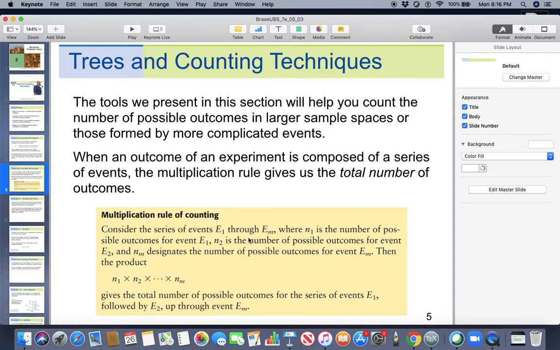Number of outcomes for EM is NM. Then the product N1 times N2 times all the way to NM gives the total number of possible outcomes for the series of events E1 followed by E2 up through event EM.